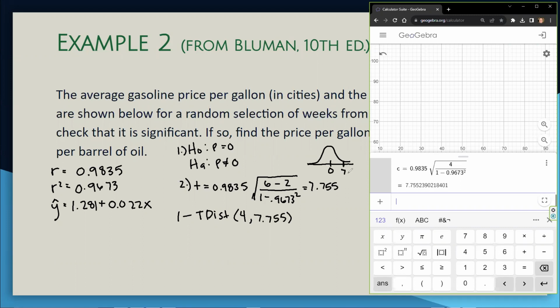So 7.755 way up here, it's going to give me all of this. I don't want all of that. I want what's in this tail. So I'm going to do 1 minus the t-distribution. And it gives us 0.0007.